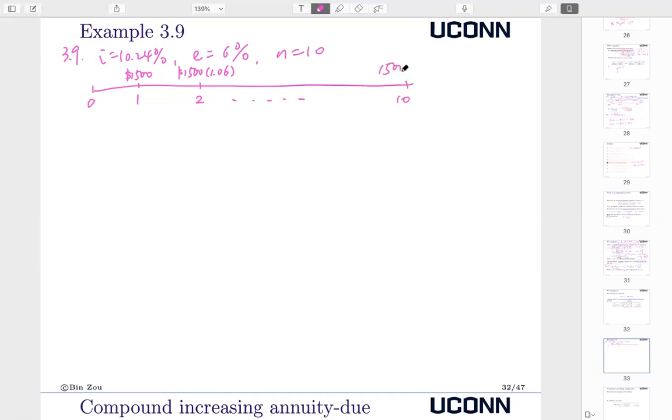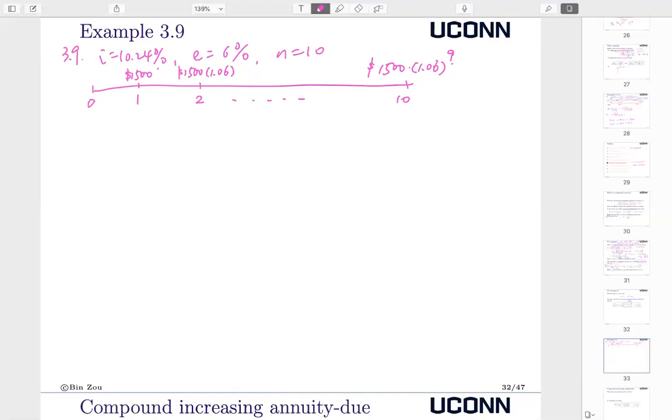The payment will be 1,500 times 1.06 to the power of 9. That's because, if you look at time 1, there is no 1.06, so you can think that it's 0's power, right? So 0's power corresponds to 1. Once the first corresponds to the second year, so obviously, the power term corresponding to the 10th year would be the 9th. Okay. We want to know the present value.